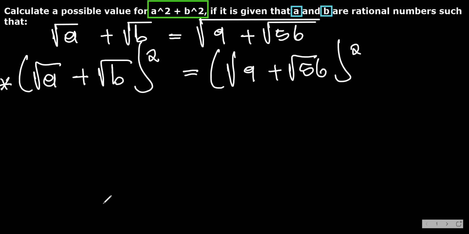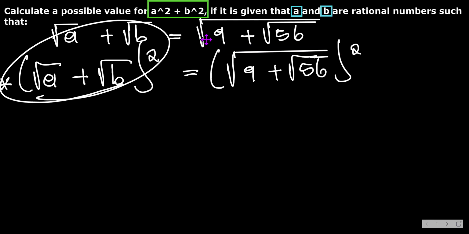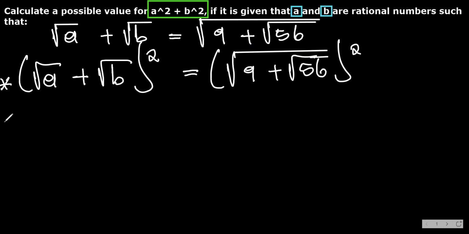Then the question is, what do we say after squaring on both sides? Now we need to use the FOIL method in order to expand the left-hand side. After we use the FOIL method, we take square root a and square it, and this will give us a.